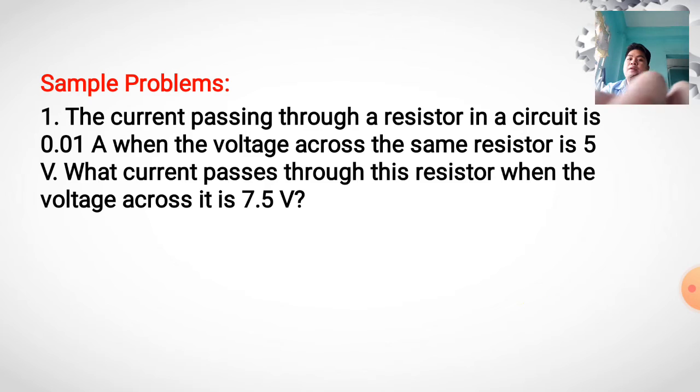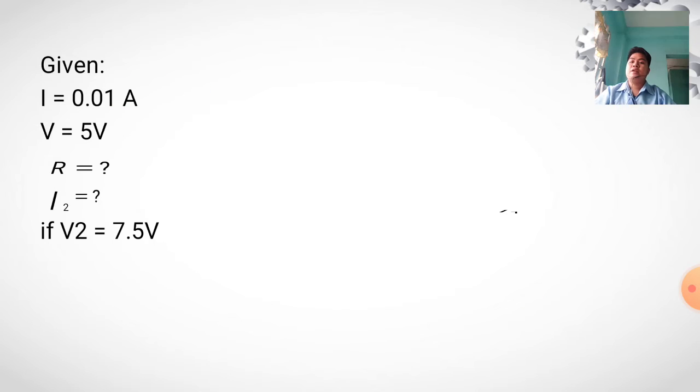We have the current I1, which is 0.01 ampere, voltage V1, which is 5 volts, and we need to find the resistance. We also need to find I2 if V2, the second voltage, is equal to 7.5.